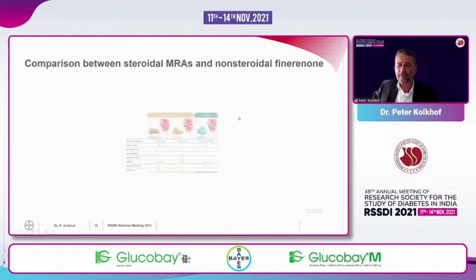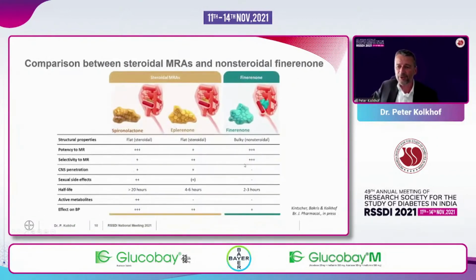And I've summarized on this slide, from a review which has just been accepted by the British Journal of Pharmacology, differences between steroidal MRAs and finerenone based on the structural properties. So spironolactone and eplerenone are, like aldosterone, flat steroidal compounds.